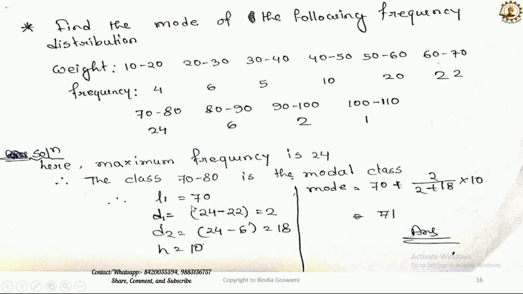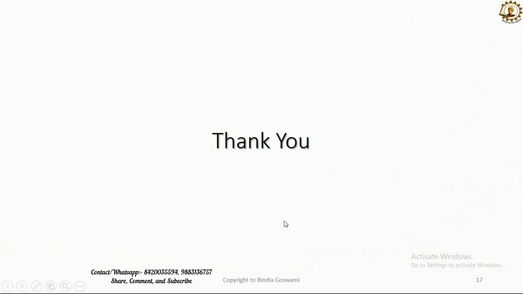Now L1 equals 70, that means the lower boundary. D1 is 24 minus 22, because 24 is the maximum frequency of the modal class and D1 takes the number before it. So 24 minus 22 is 2.